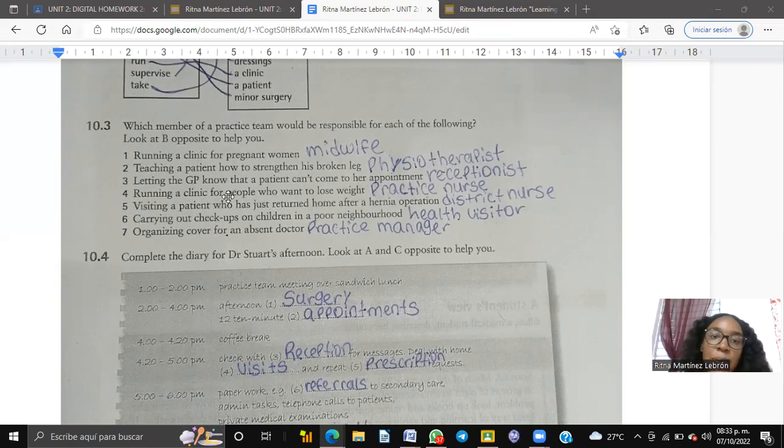Running a clinic for people who want to lose weight: practice nurse. Visiting a patient who has just returned home after a hernia operation: district nurse. Carrying out check-ups on children in a poor neighborhood: health visitor. Organizing cover for a sick doctor: practice manager.